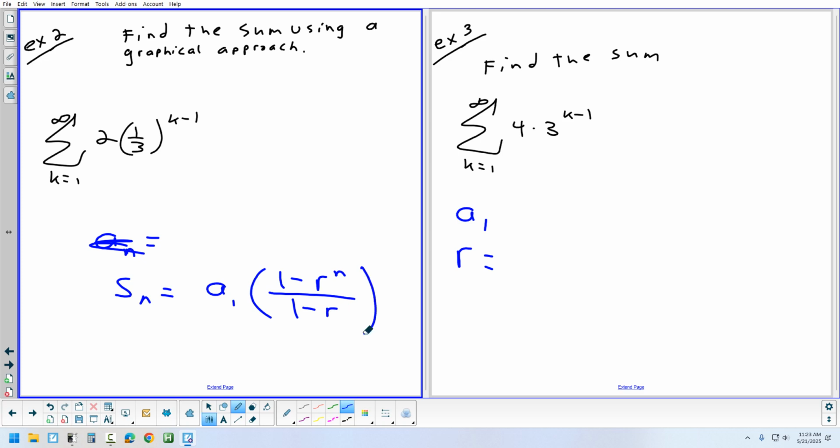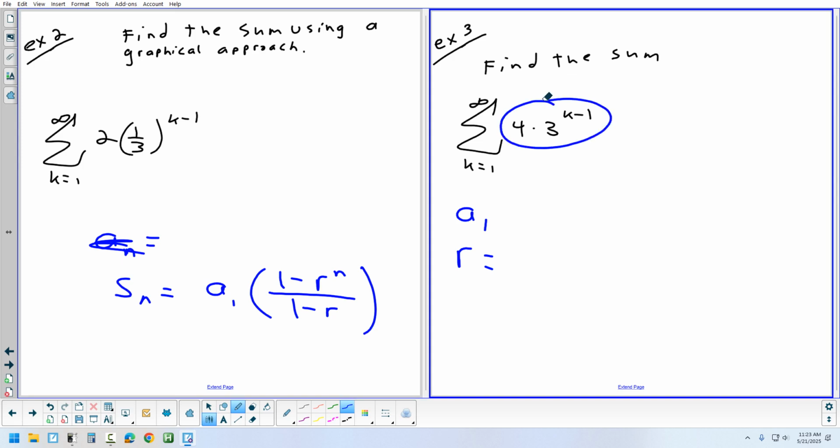What is going to be the first term if you plugged in k equals 1 in that sequence? Yep, 4. So 4 is the first term. And what is it that you're multiplying by each time to get the next term? Yep, 3. So let me list a few terms out just so you can see what it looks like. First term is 4.